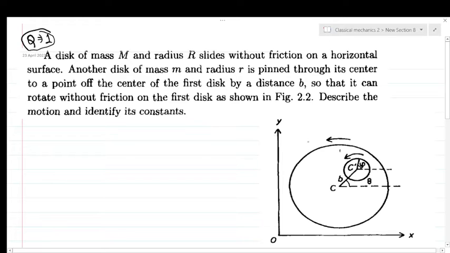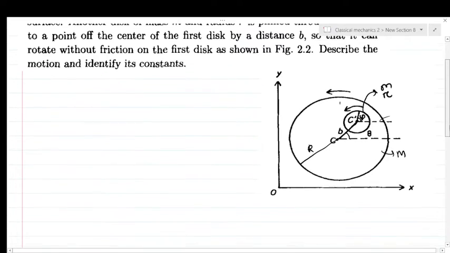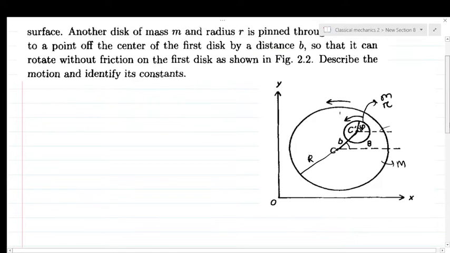As you can see in the figure, a bigger disk is sliding and its mass is capital M and its radius is capital R, and a smaller disk is of mass small m and its radius is small r, and that is pinned at a distance b from the center of the bigger one, and that is rotating frictionlessly.